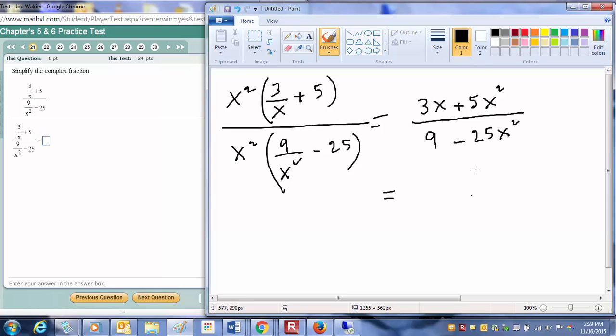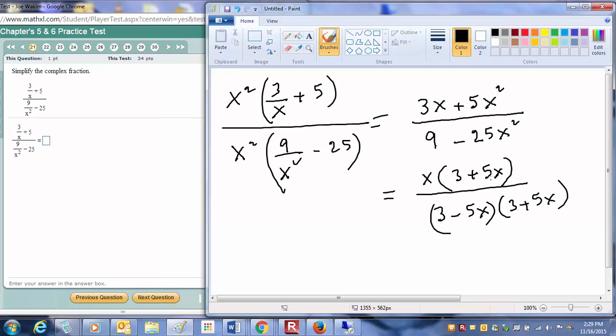The numerator has x in common factor, so let's factor 3 plus 5x. x times 3 is 3x, x times 5x, 5x squared. This is difference of two squares, so it's going to be 3 minus 5x and 3 plus 5x. Of course, these two will cancel. So the final answer would be x over 3 minus 5x.